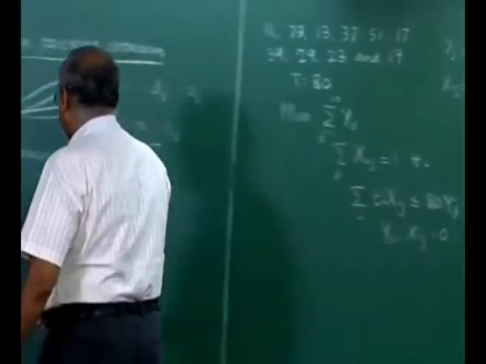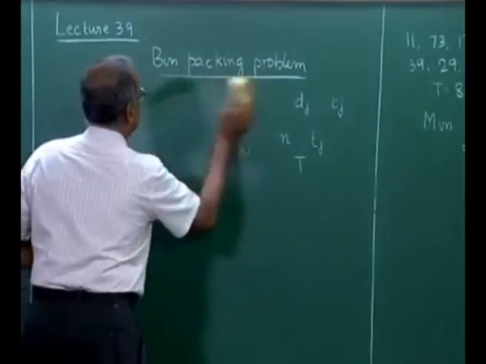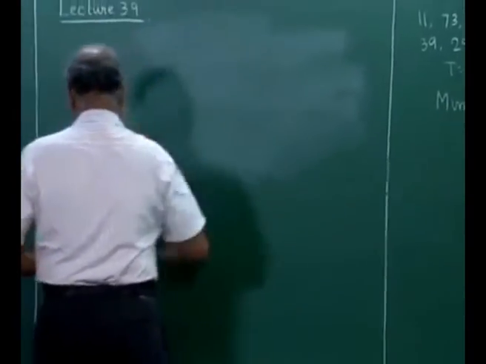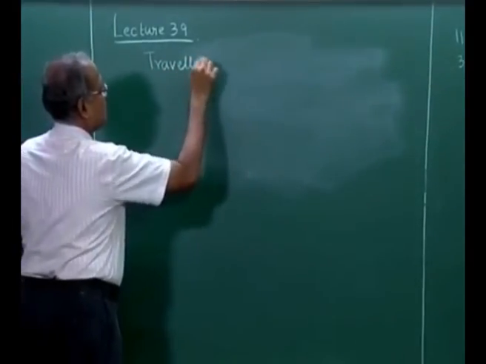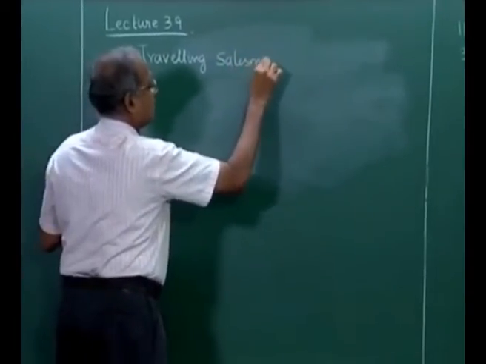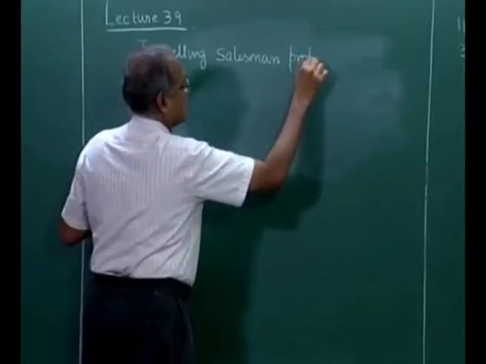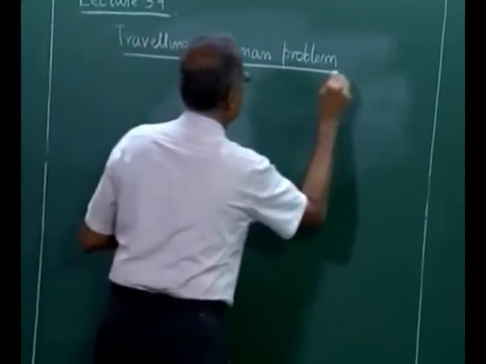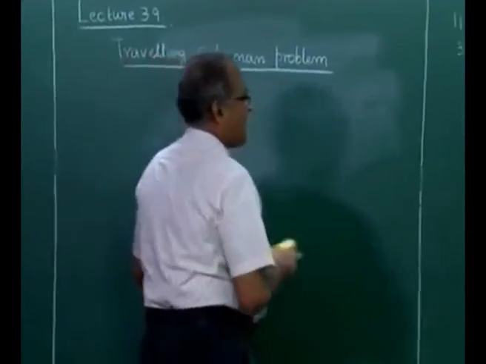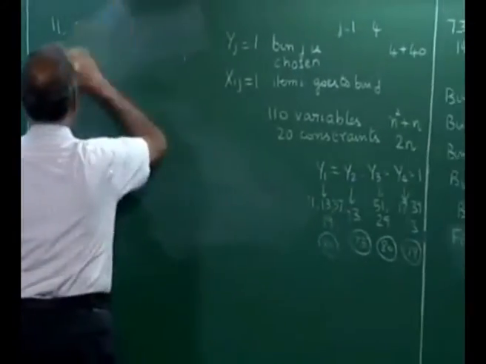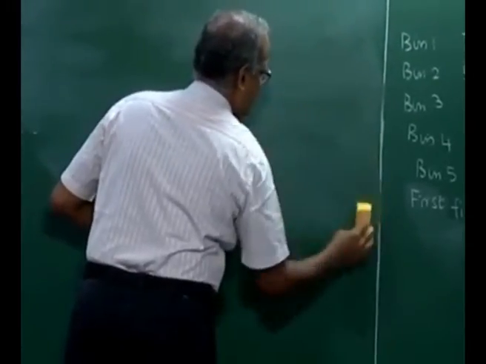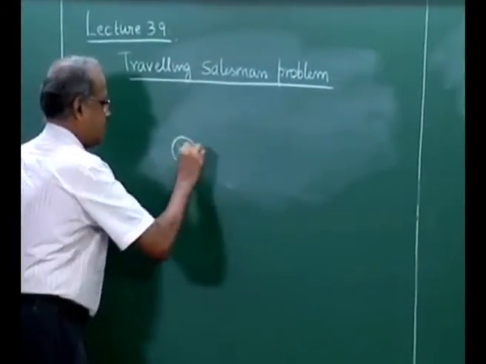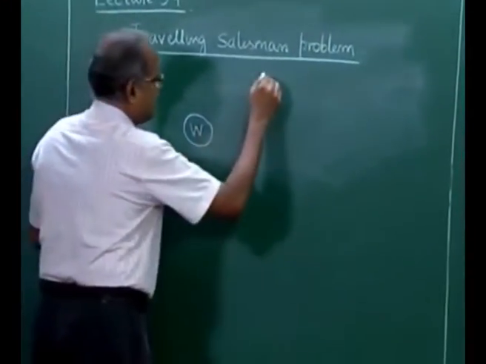Right. We next move to the traveling salesman problem. Now here what we do is we assume that there is a central warehouse, and then we have a set of customers.